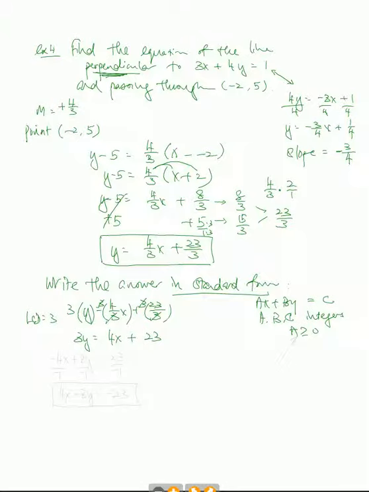The next thing to do is to make sure the x and y are on the same side. So I'm going to bring the 4x over. So it becomes minus 4x plus 3y equals 23.